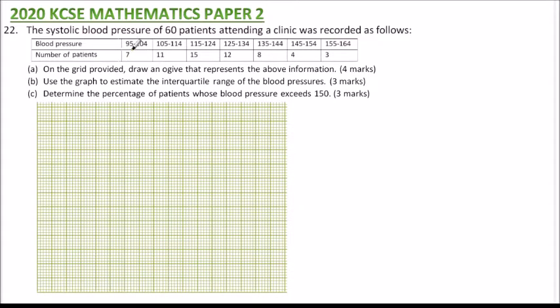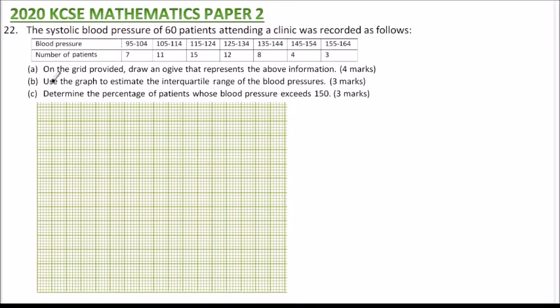Those between 95 and 104, there were 7. 105 to 114, there were 11. 115 to 124, there were 15. 125 to 134, there were 12. 135 to 144, there are 8. 145 to 154, there are 4. 155 to 164, there were 3.